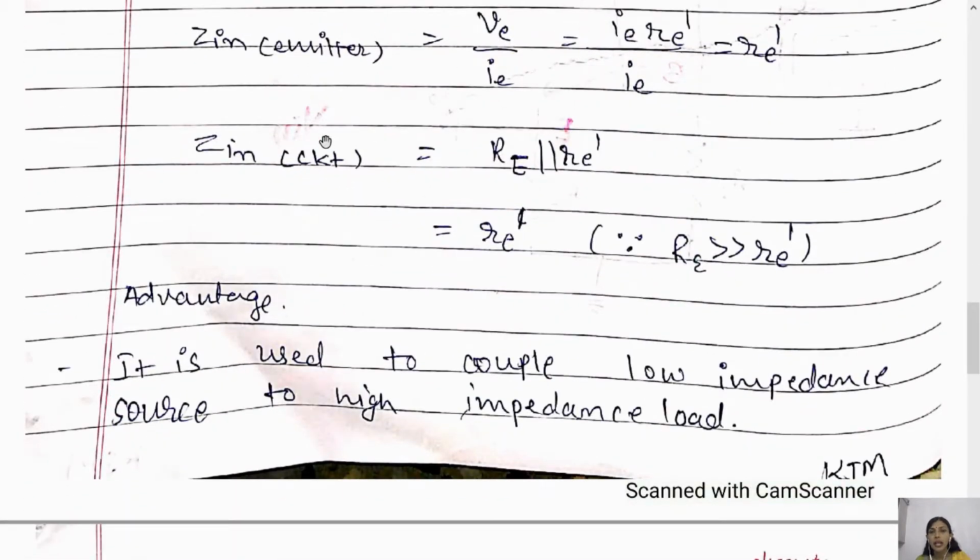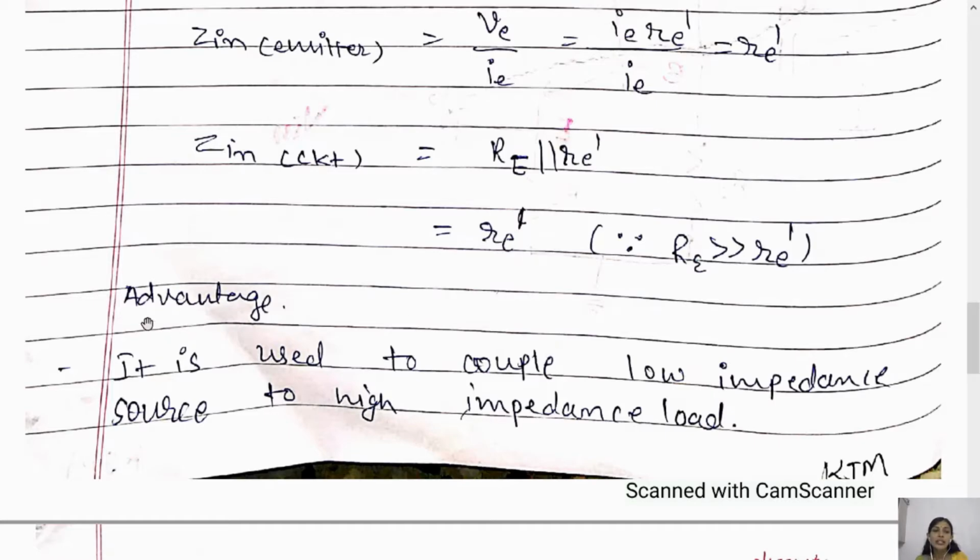You can take RE also into account, but capital RE is always very much bigger than RE dash. So in a parallel combination, we can ignore the bigger quantity, and finally the equivalent answer is RE dash.